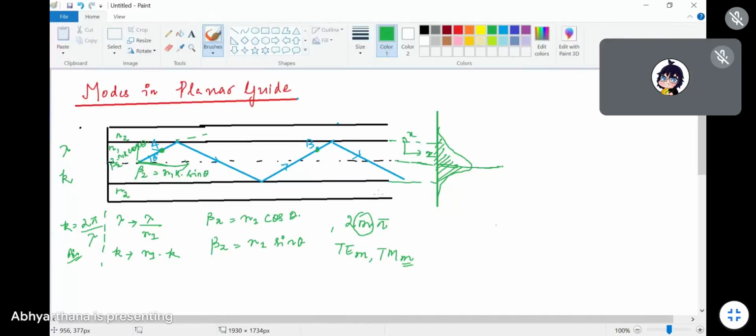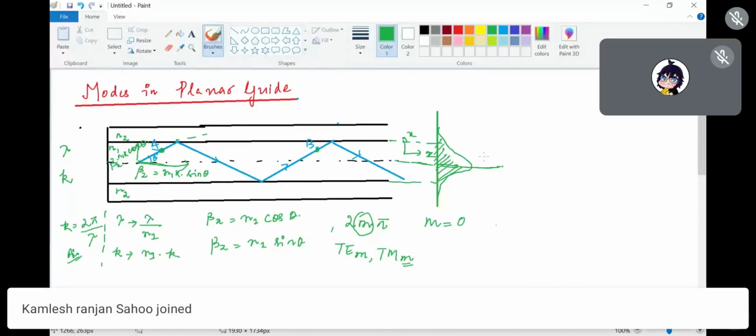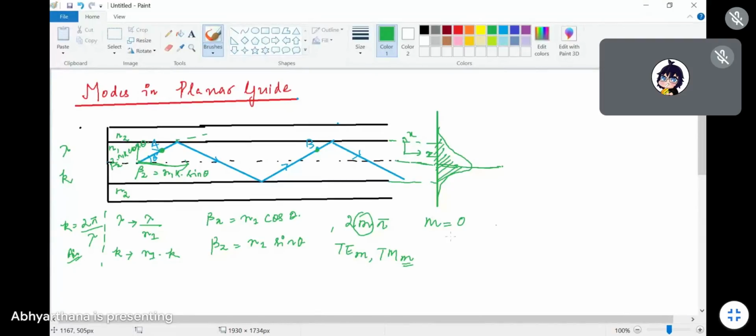We will stop over here, and I'll tell you this is your mode 0. Keep in mind what I have explained here. Here the mode is 0. Why is the mode 0? Because along this line in your core, this distribution has not even once passed through the axis. That's the reason why this is 0, indicating this is a standing wave.